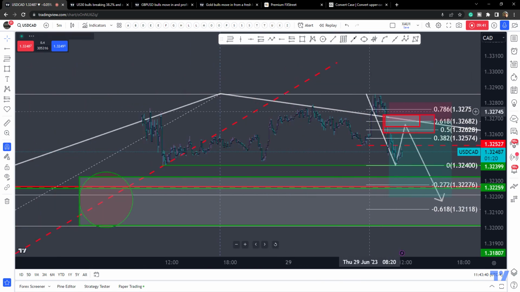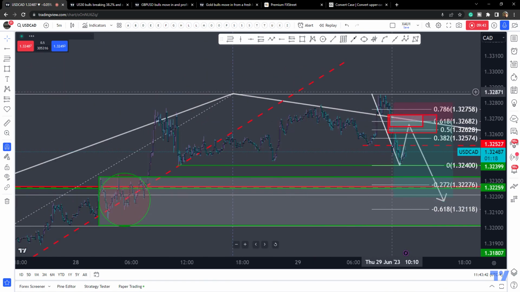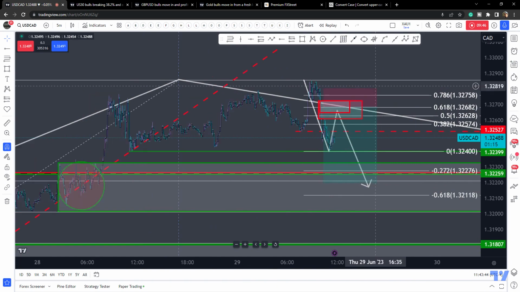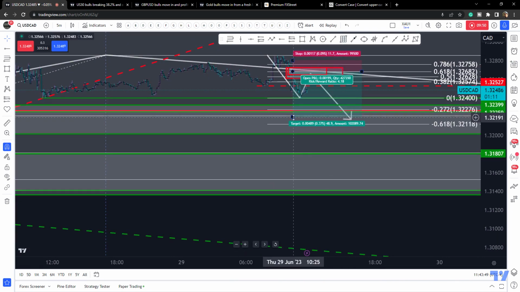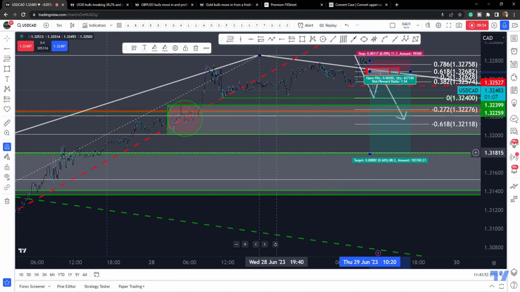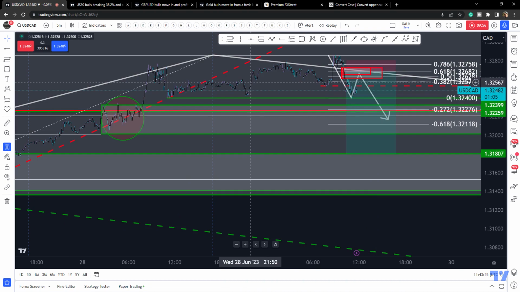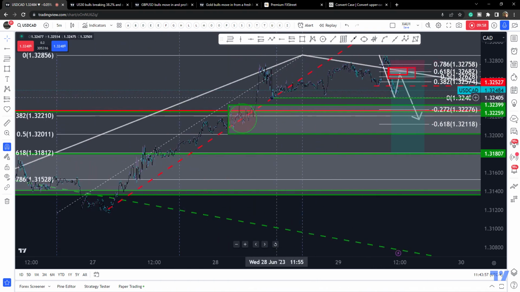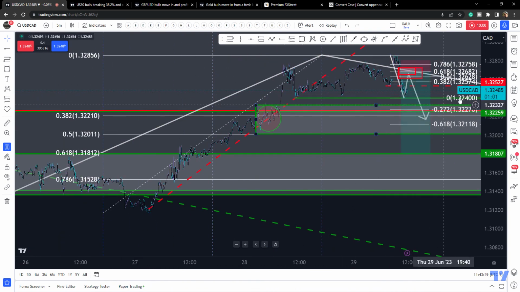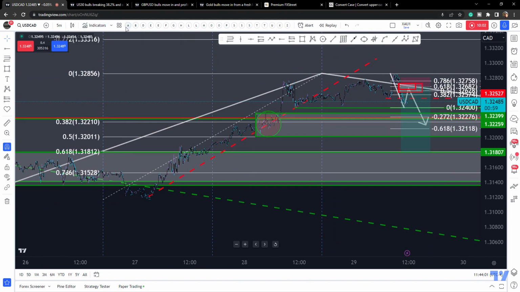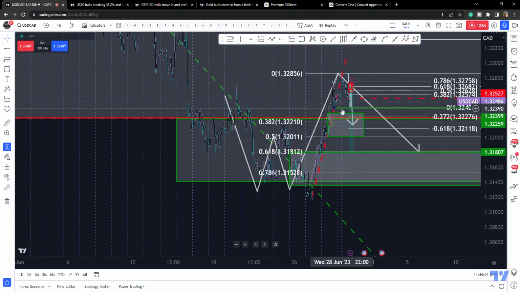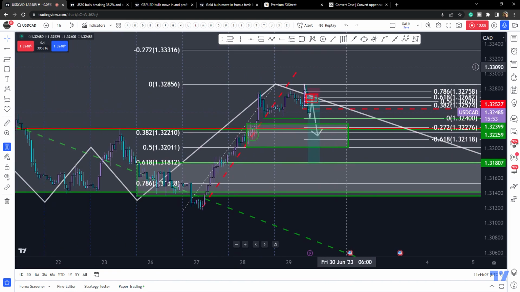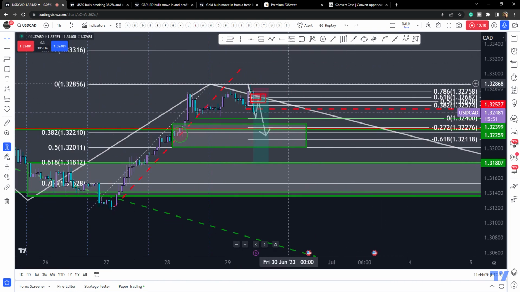So that's one idea in terms of playing the downside thesis. And then beyond that, you're looking for a move all the way into here. So that might be a scenario that could play out over the next few sessions into the close of the week and month in that regard.